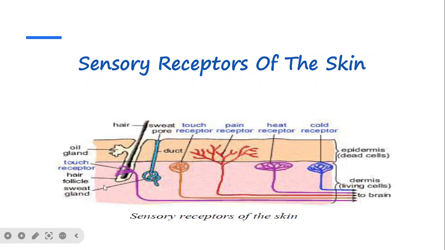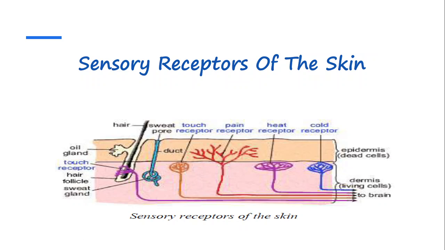The other parts that are there: within the touching part of the hair, there's an oil gland, and within the hair follicle, there are touch receptors attached to it. Also, there are sweat glands, which are there to provide the sweating, and here the sweat pore is there to release the sweat.